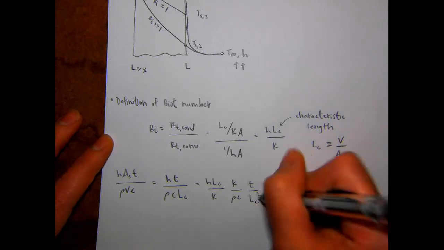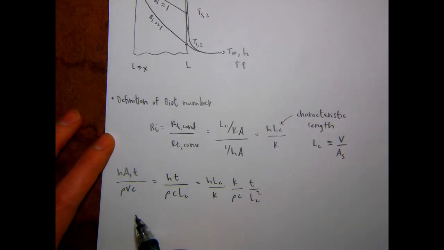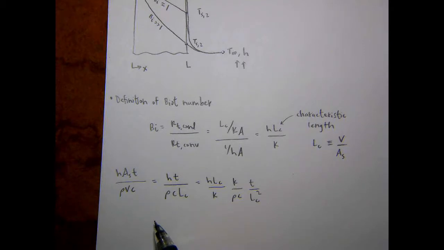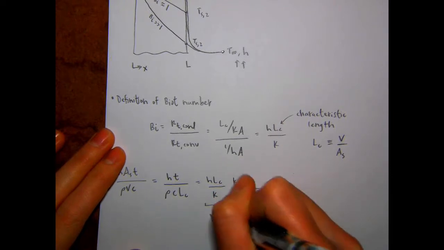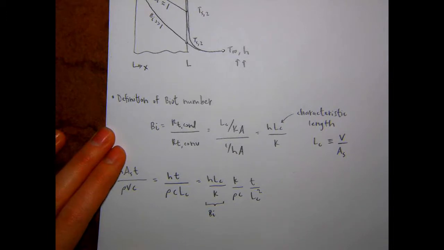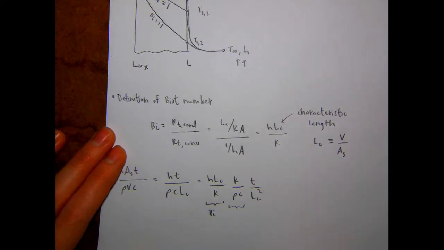So basically just rewriting this quantity on the left here. So this is the Biot number, right? The first fraction. The second one, k over rho times c, we're going to define as alpha, which doesn't have a specific name.